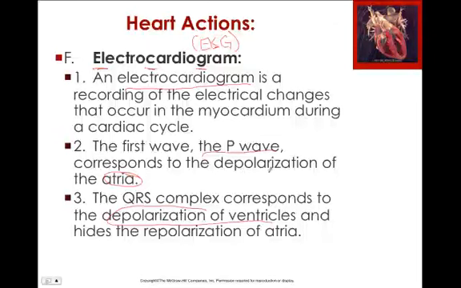And then just after the atria contract, we're going to have repolarization of the atria. But you don't see repolarization of the atria on the EKG because it's hidden by the depolarization of the ventricles, because they happen at the same time. And the depolarization of the ventricles is a much bigger event. So that's what we see in terms of our EKG for the next wave, the QRS wave.